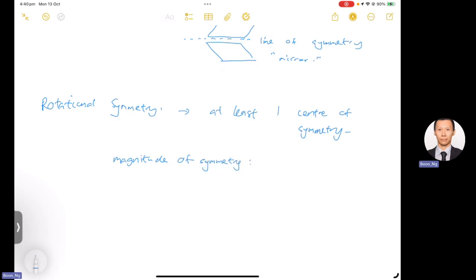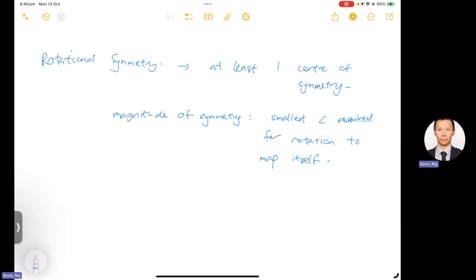It means the smallest angle required for rotation to map itself. All right, to map itself. So for example, you have one image.